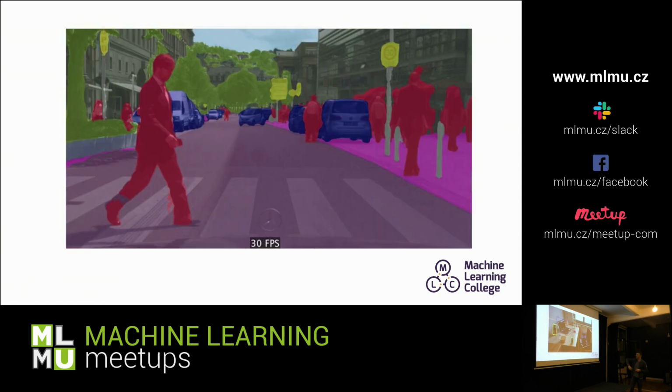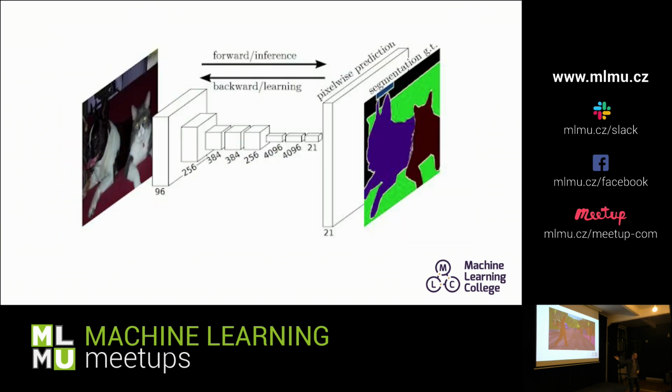So this is object detection. If we step a little bit further, there is the idea of semantic segmentation. This idea is not about drawing rectangles, but about identifying the entities in the image pixel by pixel. And the architecture is pretty simple. You take the convolutional neural network and end it with a kind of inverse convolutional network.